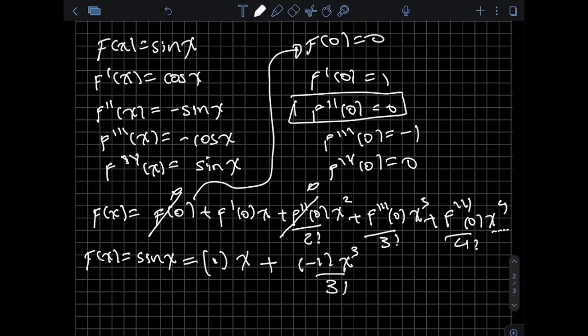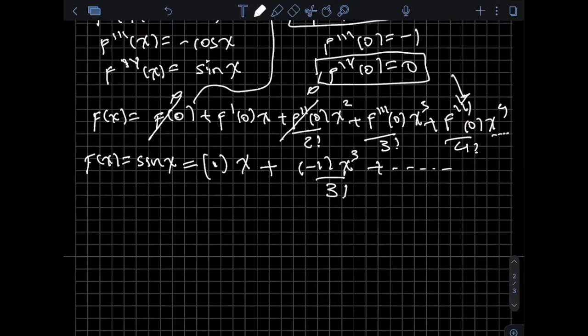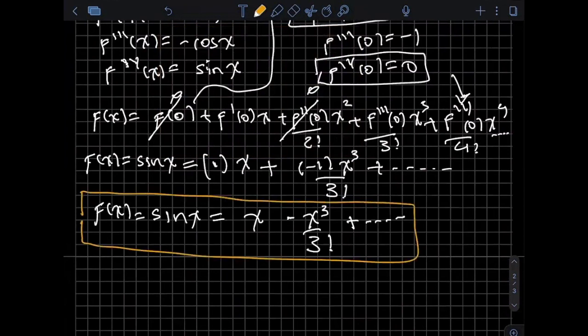And f fourth prime is 0. So I don't need to write it in here because it's going to be 0, and so on. Then this will be simplified to x minus x cubed over 3 factorial, and so on. So this is the MSE for sine x.